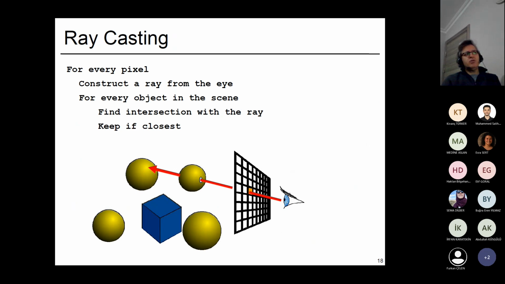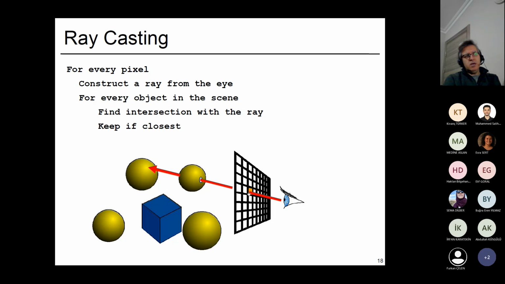So the raycasting algorithm is a very, very simple one. It goes as follows. For every pixel in your image, you construct a ray from the eye. The eye is here. This is the center of the imaging, so this is the 0, 0 for our camera, right?